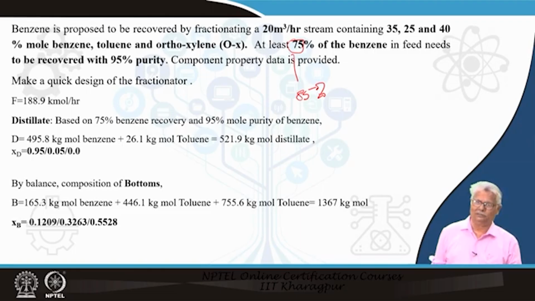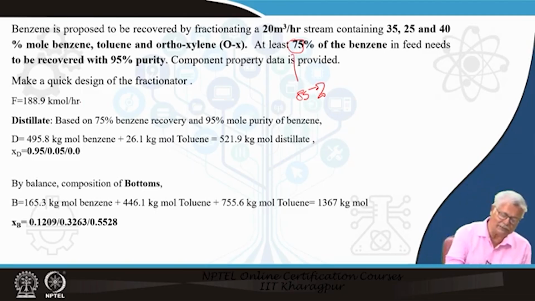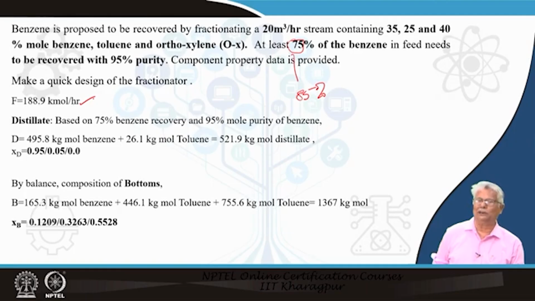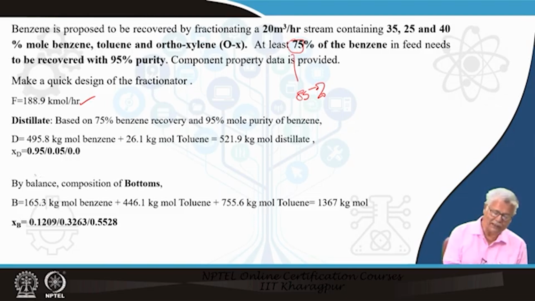We know the feed composition, we know the molecular weights. So, what we find is that my feed is 188.9 kilomole per hour. We simply have found out the composition of the distillate, and we have found the ones here.